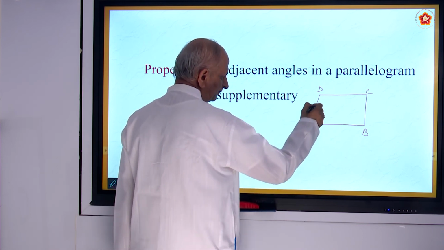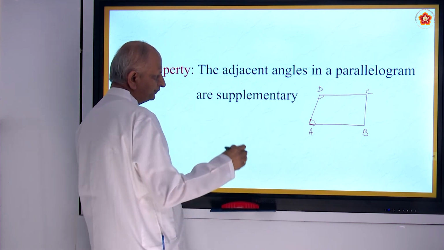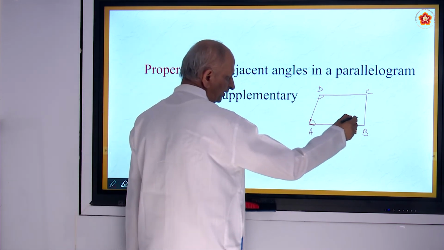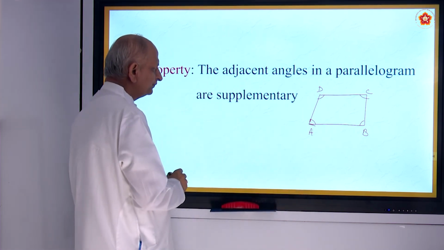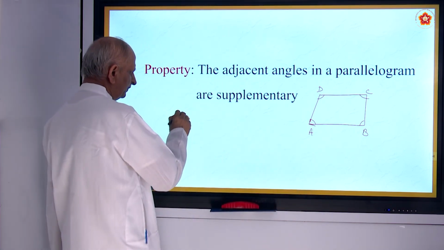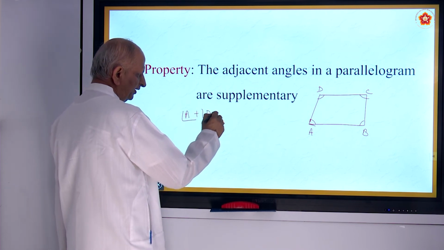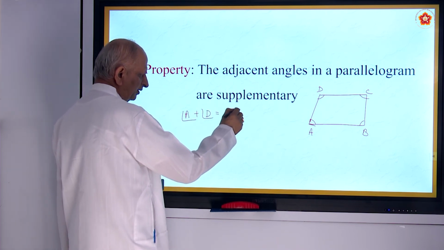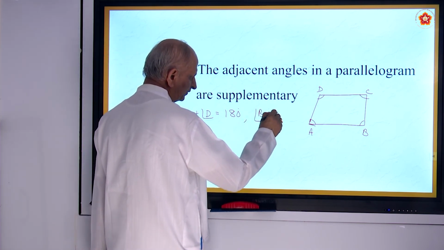Suppose you call this, sum of these two is 180 degrees, that is the meaning. So, A plus D is 180, B plus C also is 180. So, adjacent angles means that A plus D is 180 degrees and then B plus C is 180 degrees.